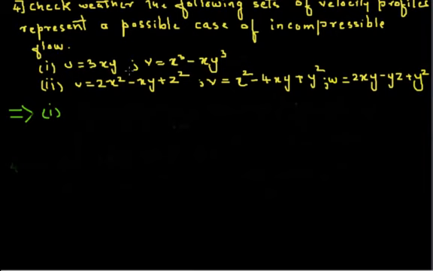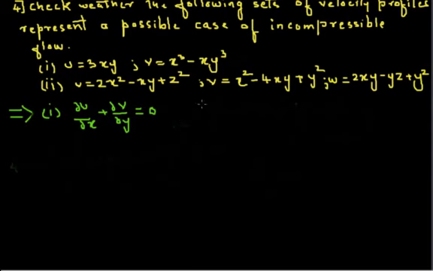It means that the flow is two-dimensional, and we know that for a two-dimensional incompressible flow, the continuity equation is given by del u by del x plus del v by del y is equal to 0. If the flow is incompressible and two-dimensional, then it should satisfy this equation. So we will see whether these components are satisfying this equation or not.